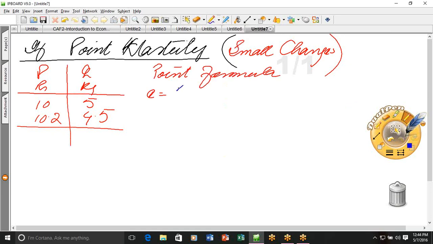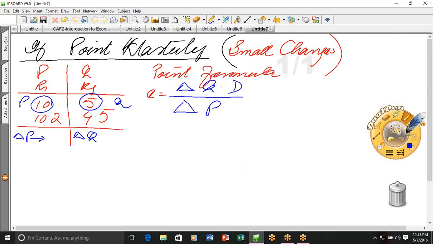That is delta QD over delta price. So we can have a very simple format that this is P, this is Q, and delta P and delta Q. Delta P is P2 minus P1, Q2 minus Q1.